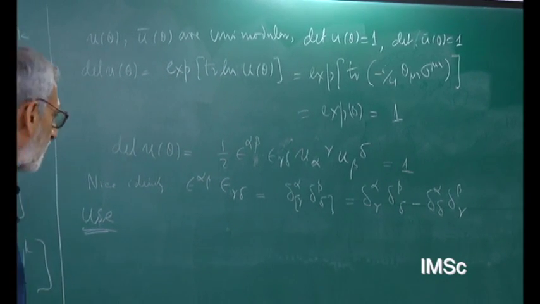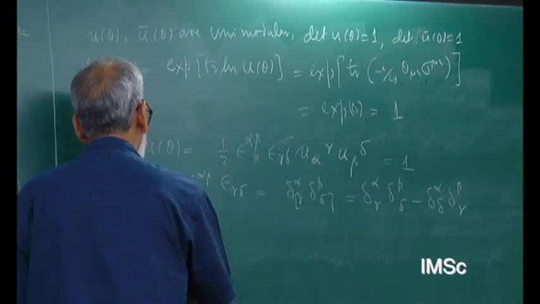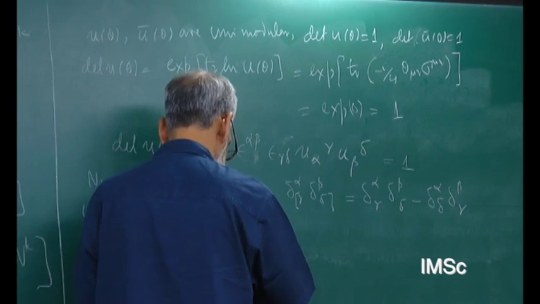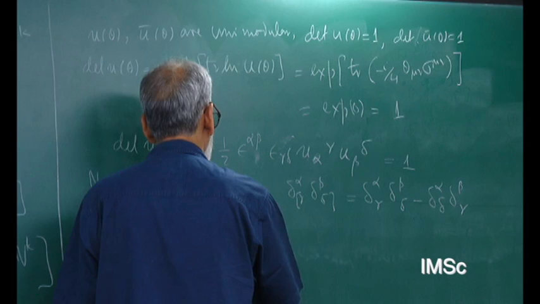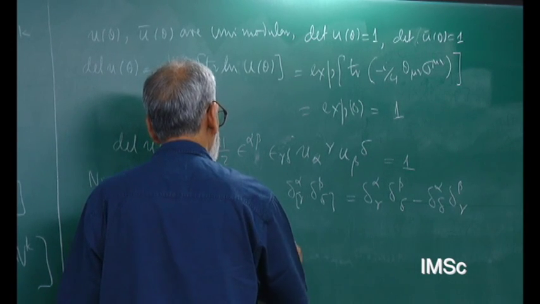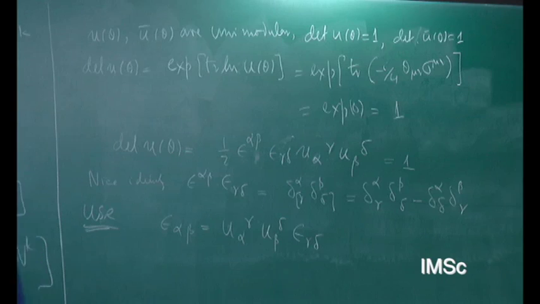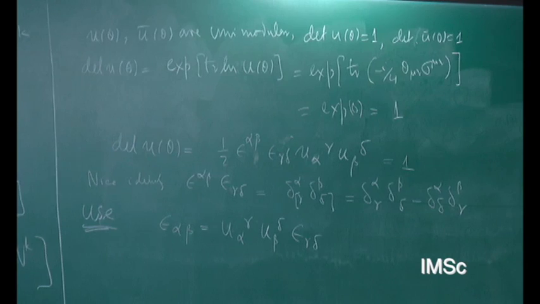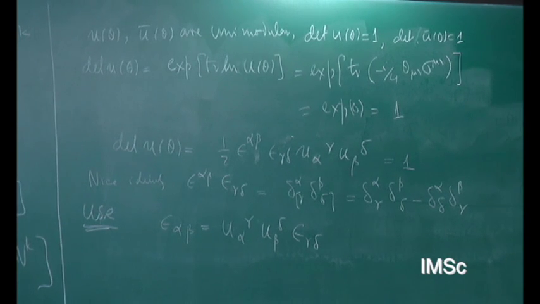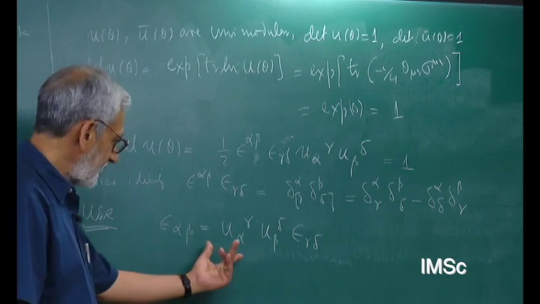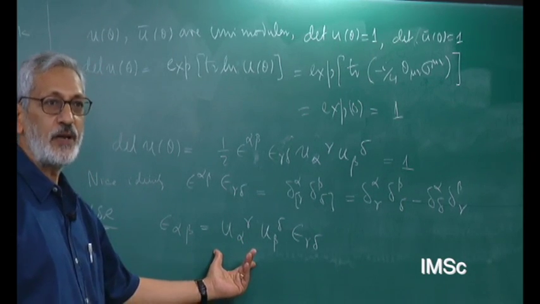Use this property to show the following, that epsilon alpha beta can be written in terms of U alpha gamma, U beta delta times epsilon gamma delta. This is a very nice property. Does anybody recognize what this says?